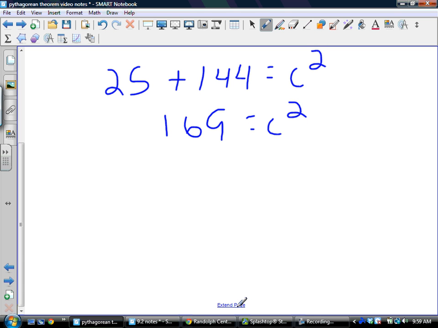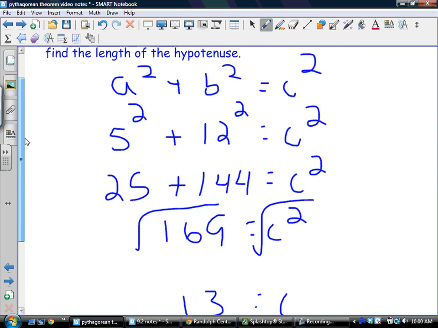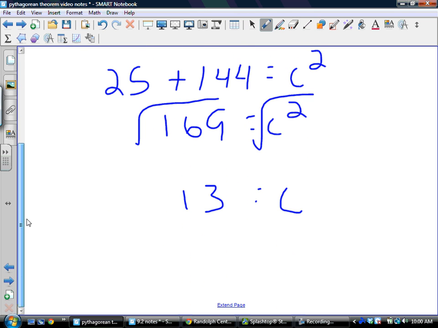The opposite of squaring is to take the square root. So that'll give me my c, and the square root of 169, one of the ones we should have memorized, is 13. I go back and I look up my units for centimeters. So 13 is going to be centimeters.